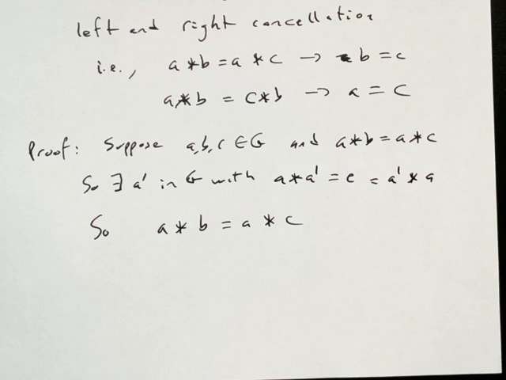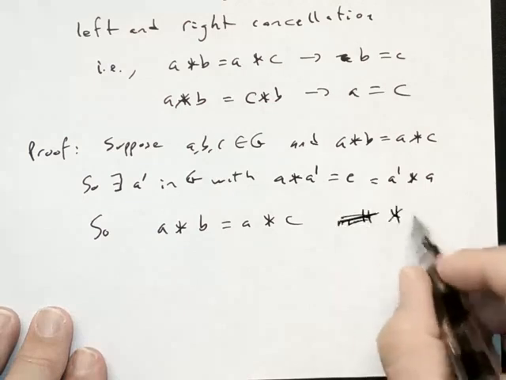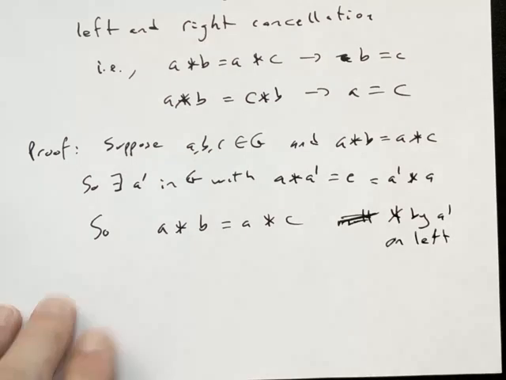I'm gonna put an A prime on the left side of both of these pieces. I started to say multiply, but it isn't, it's star. So I'm going to star by A prime on the left.